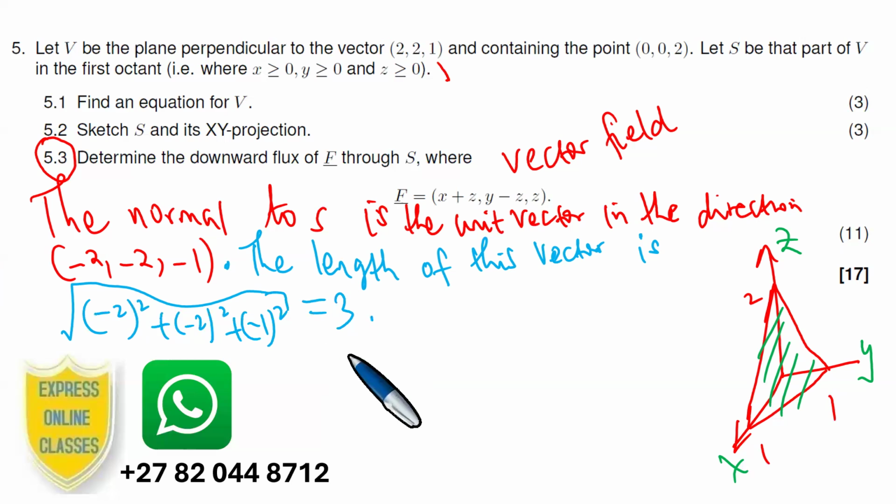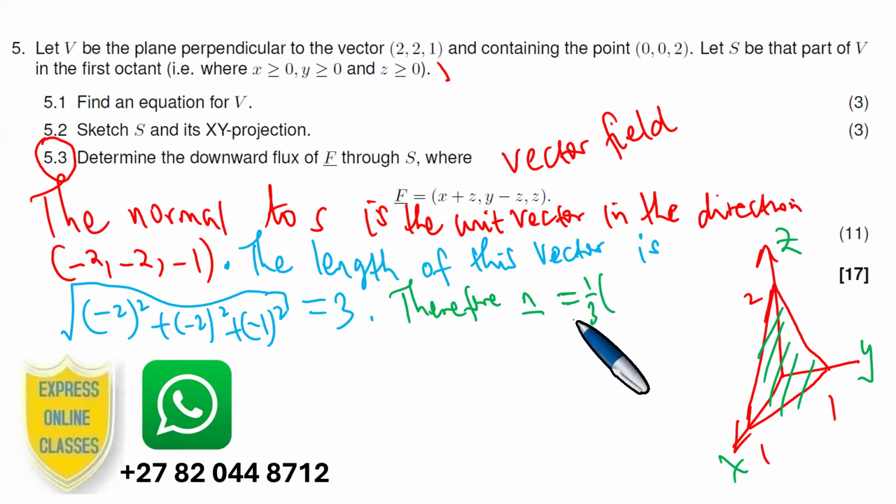This therefore means the normal vector, you divide by the length. So it's going to be 1/3 of minus 2, minus 2, minus 1.